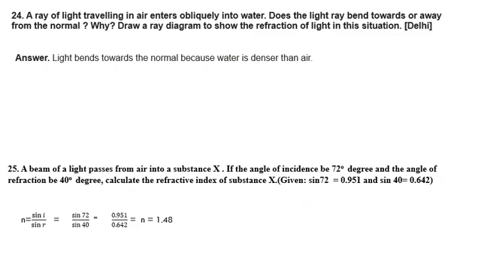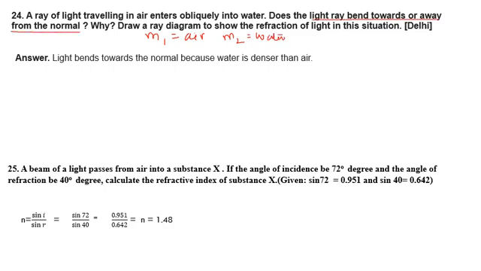Next, a ray of light traveling in air enters obliquely into water. The first medium is air, medium 2 is water. Does the light ray bend towards or away from the normal?